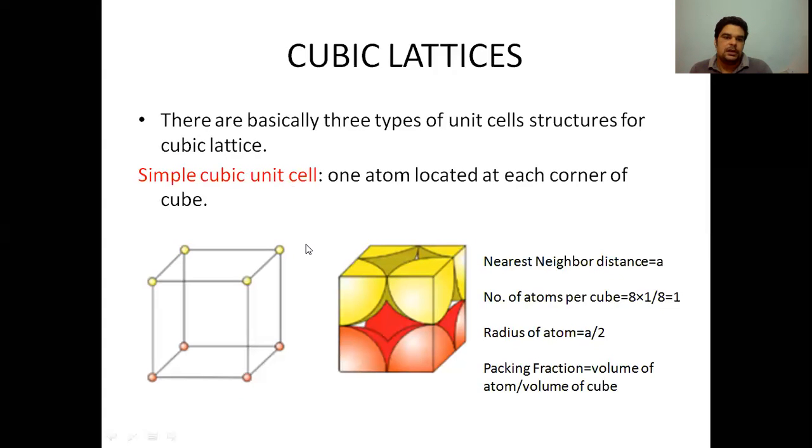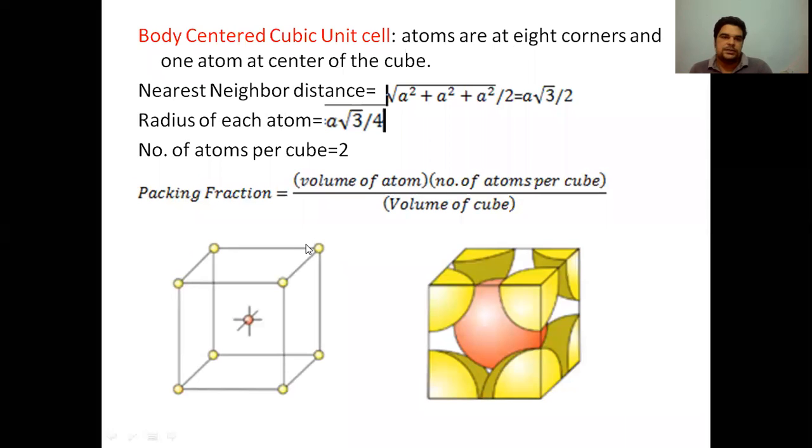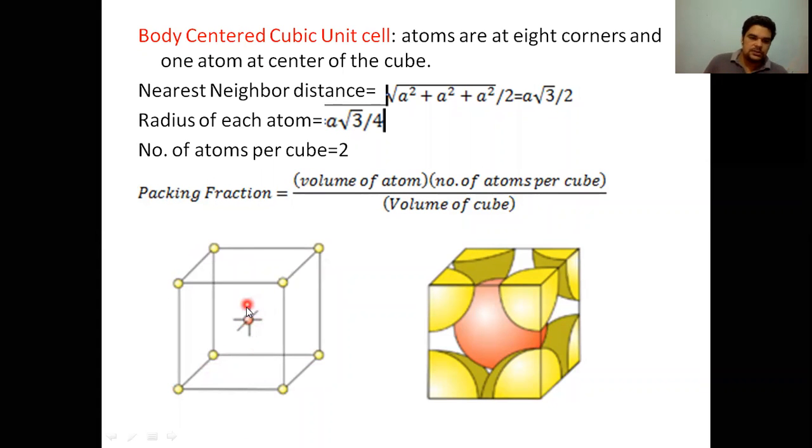Now consider the next one, that is the body centered cubic unit cell, also called the BCC unit cell. Here 8 atoms are at the corners of the unit cell, plus one atom is also there at the center of the cube.